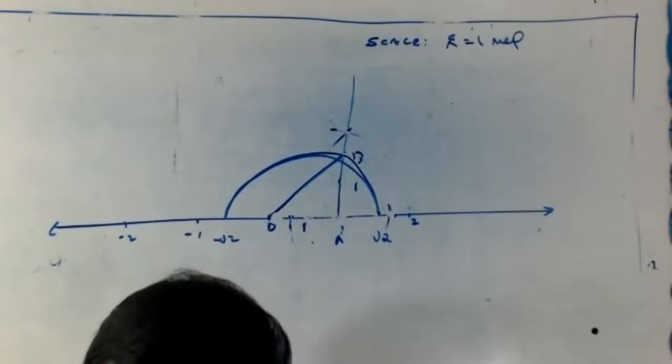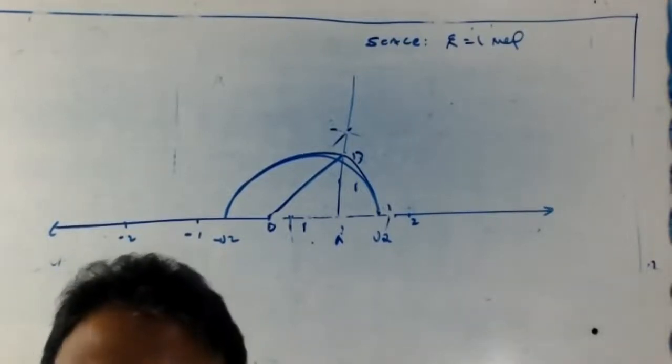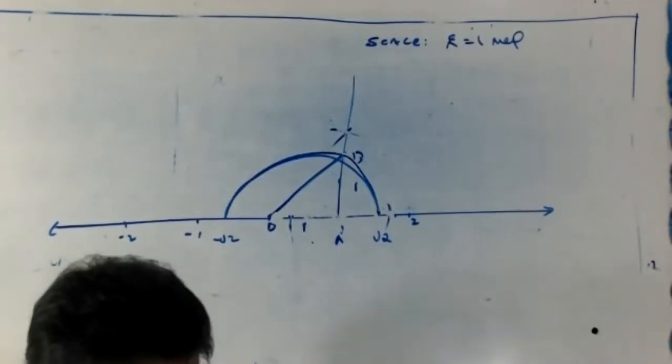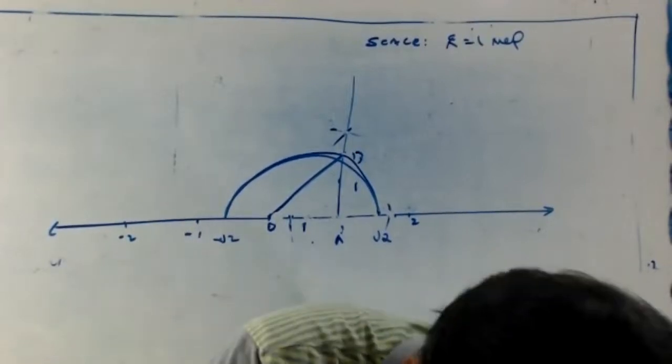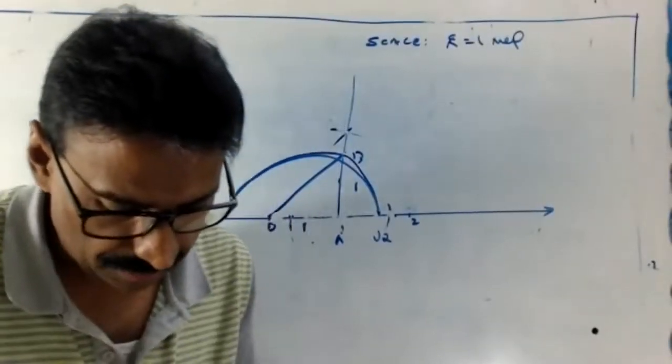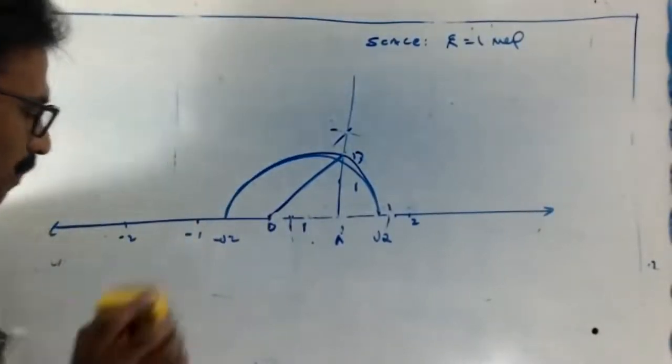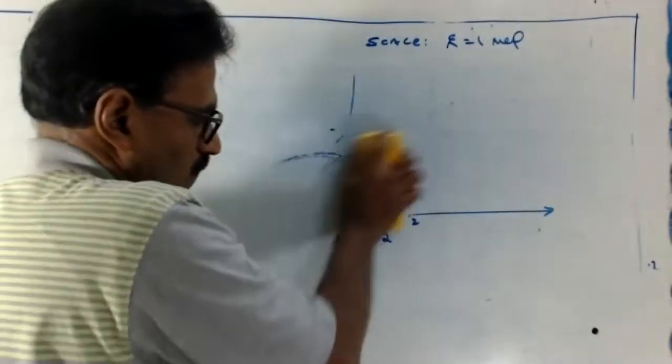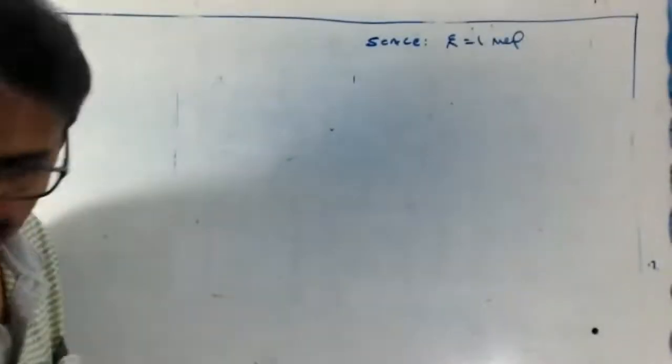Draw a number line and mark a point O representing 0 on it.